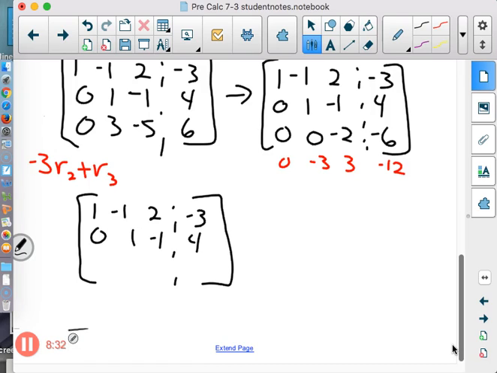So can you think of something we could just do to this row that would give us a 1? Negative 1/2. Multiply by negative 1/2 and you'll have it. So we're going to take negative 1/2 of row 3, or you could think of it as row 3 divided by negative 2.